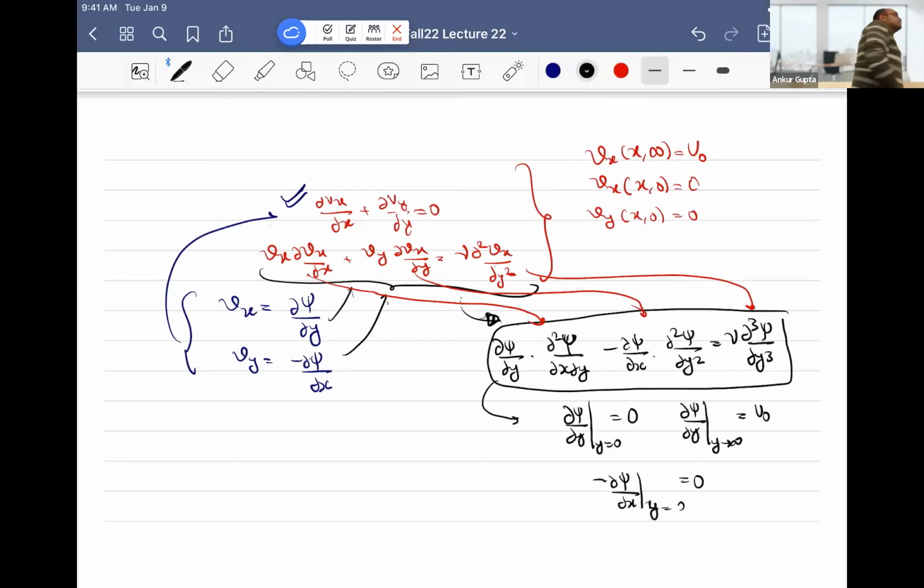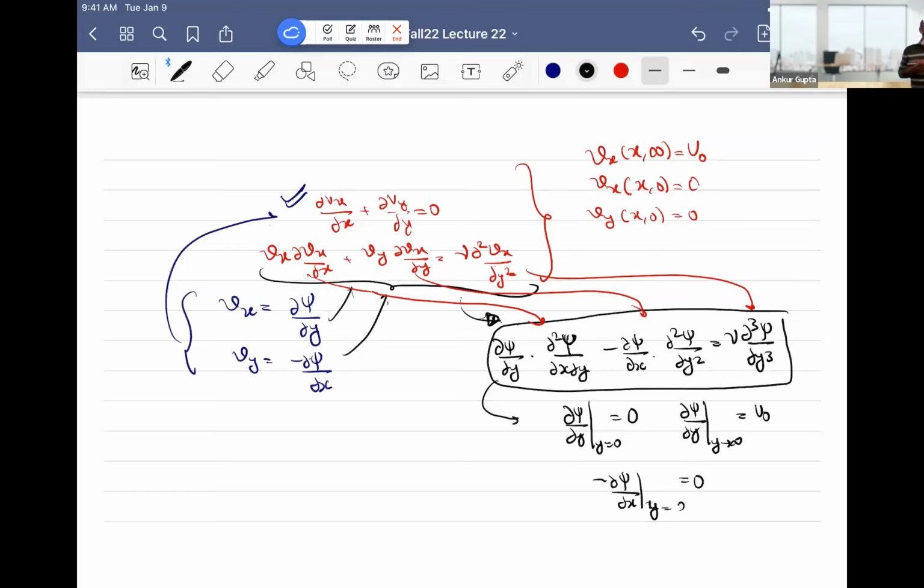Okay, so these are the boundary conditions. This is now a one variable equation which has three boundary conditions, which we should technically be able to solve. So first complexity: going from two variables to one variable, changing the boundary conditions as we go along.